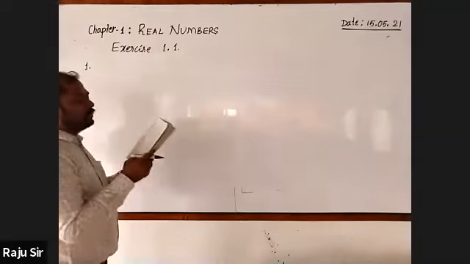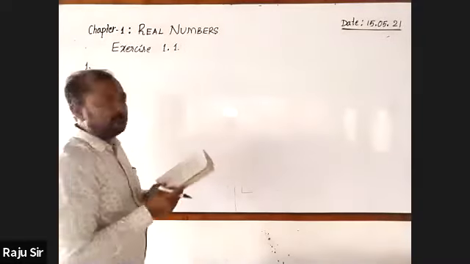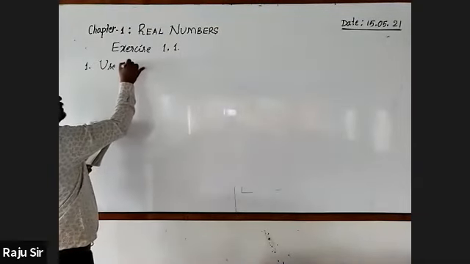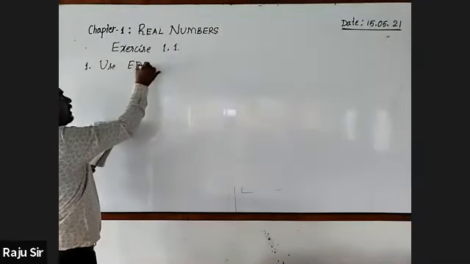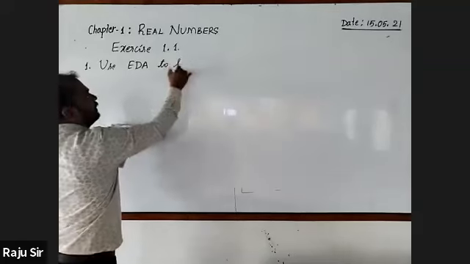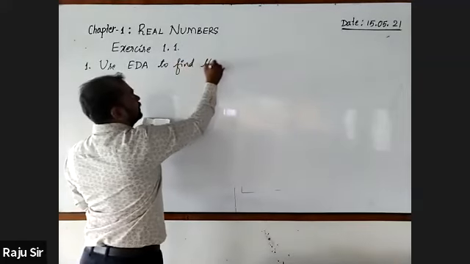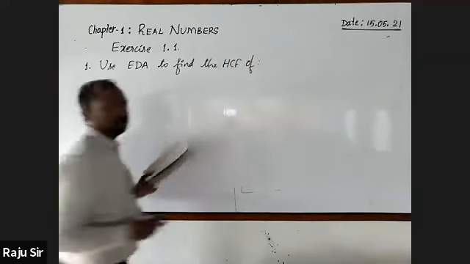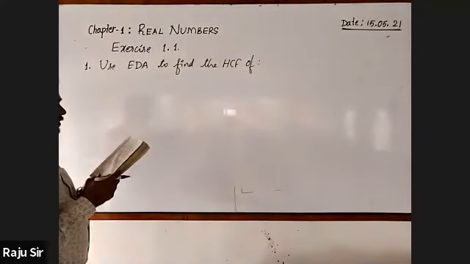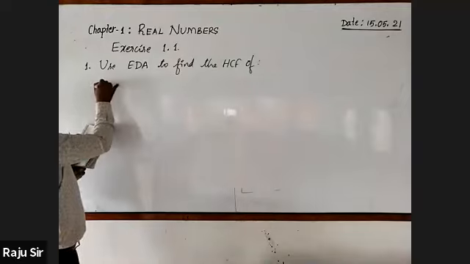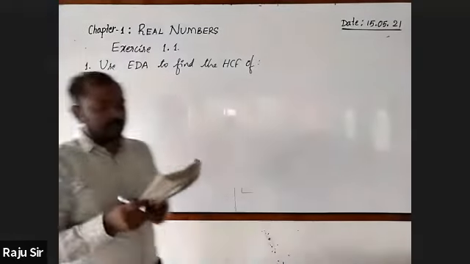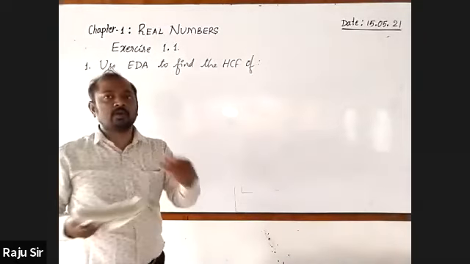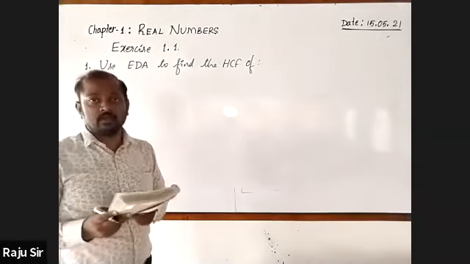Use Euclid's division algorithm to find the HCF of: first one, 135 and 225. It is already over. In worked examples only, we have solved it.